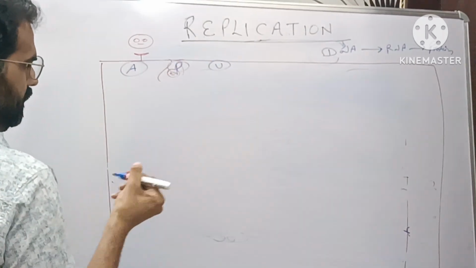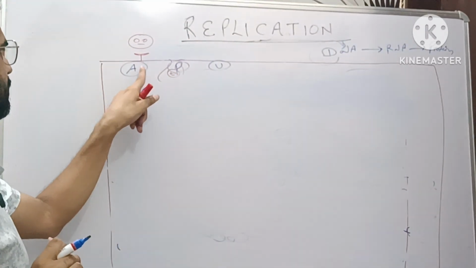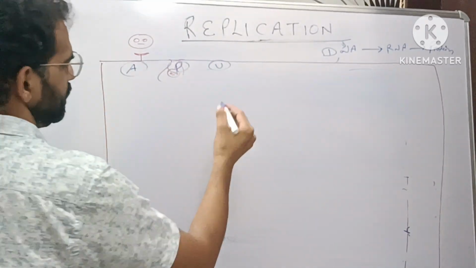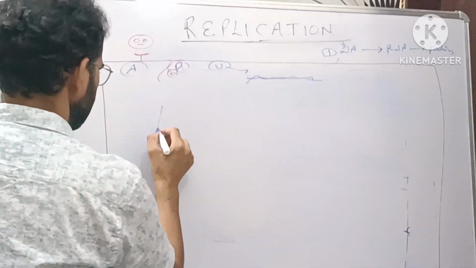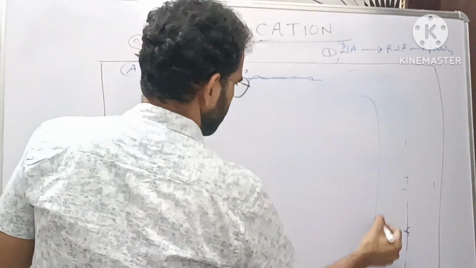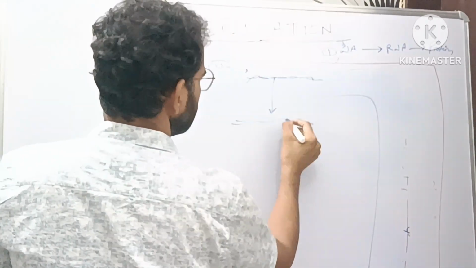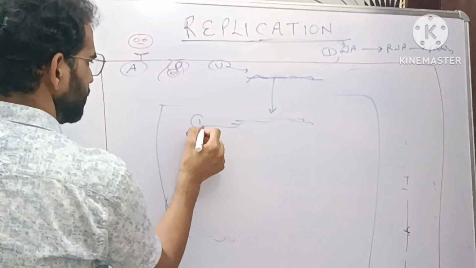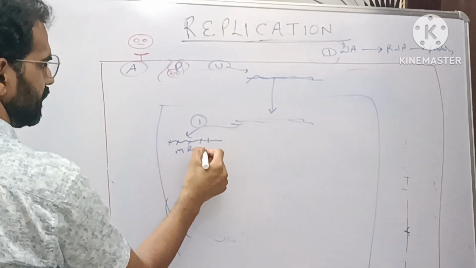Again, if we summarize all these steps: attachment, adsorption, penetration, uncoating. After uncoating, we get the genomic DNA or RNA, which enters the nucleus. Then the first step is messenger RNA formation, which is the early one.